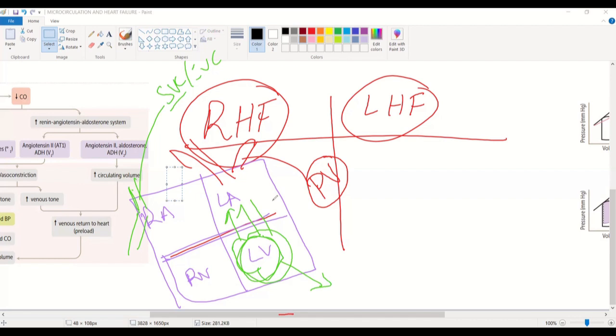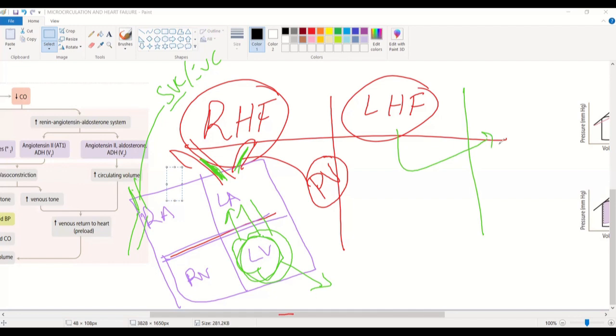So ultimately there is an increased venous pressure in these pulmonary veins, right? So this increased pulmonary venous pressure will lead to increased hydrostatic pressure in the pulmonary capillaries, right? Okay, why is it so important? Because USMLE loves to ask arrows questions.